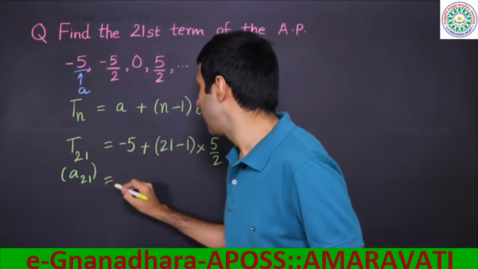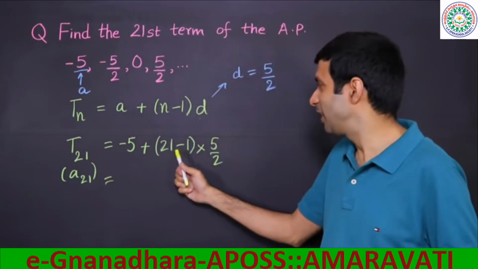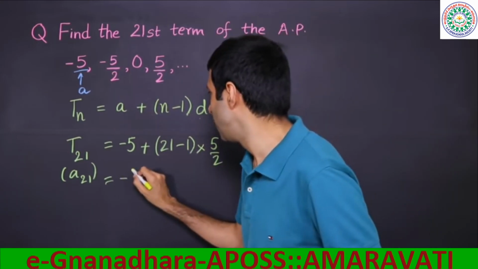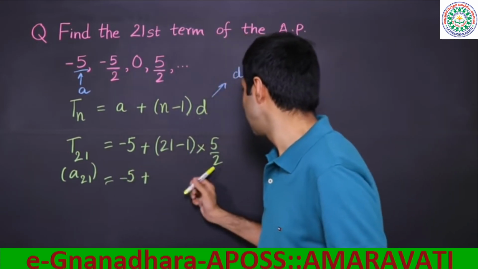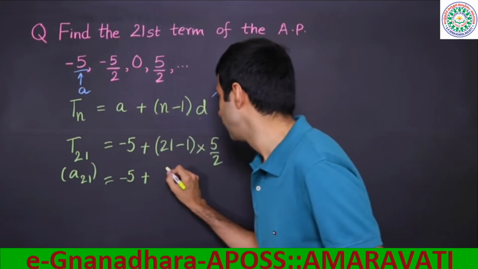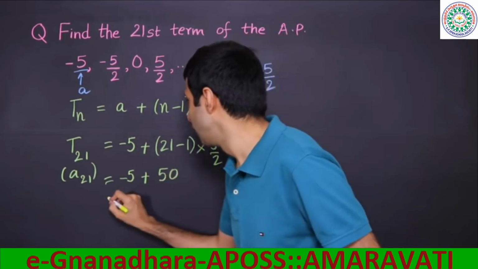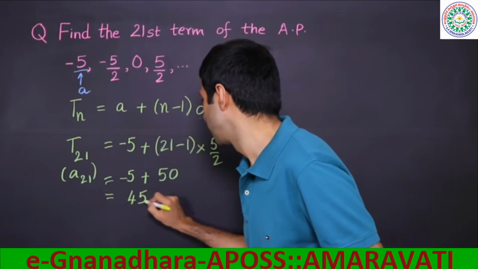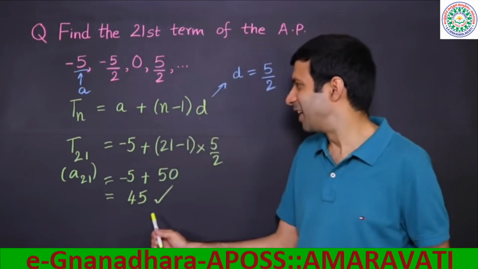Okay. And if you work that out, 21 minus 1 is 20, into 5 by 2, which works out to 50. So we get minus 5 plus 50, so our 21st term is 45. That is our answer here.